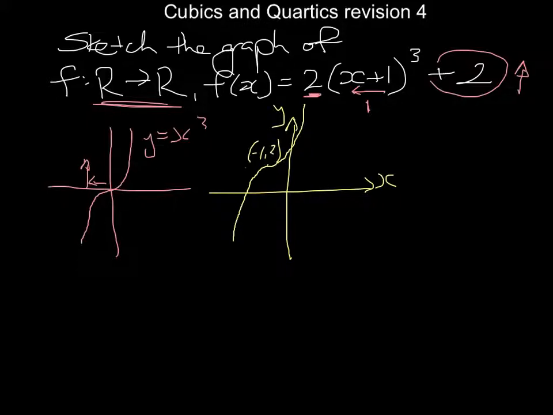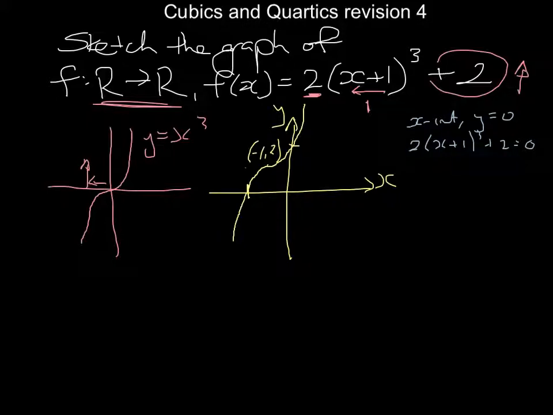Now, to work out a couple of intercepts, we need a y-intercept and an x-intercept. For the x-intercept, we'll make y equal to 0. That will give us 2 bracket x plus 1 cubed plus 2 equals 0.